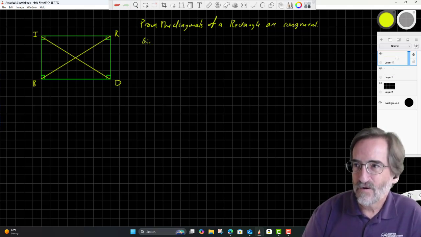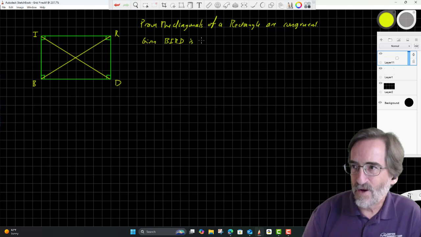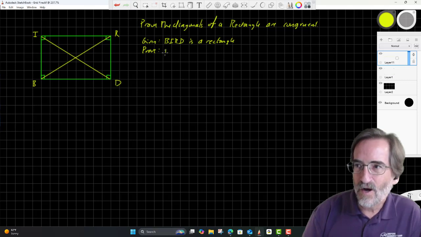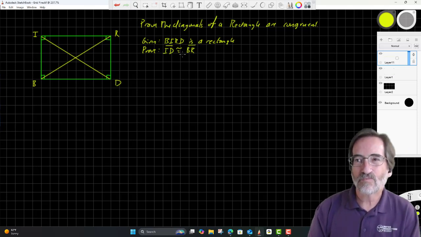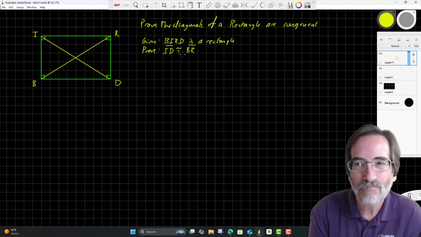Given: BIRD is a rectangle, and all that entails. Prove: ID is congruent to BR. That's what we're trying to do. Prove that ID is congruent to BR.